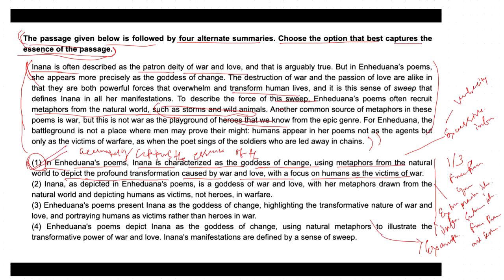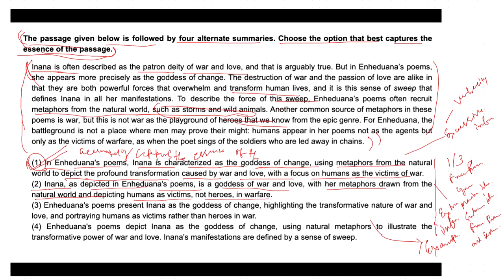Look at option two. It states: Inanna, as depicted in Anaduana's poem, is the goddess of war and love, with her metaphors drawn from the natural world and depicting humans as victims, not heroes in warfare.